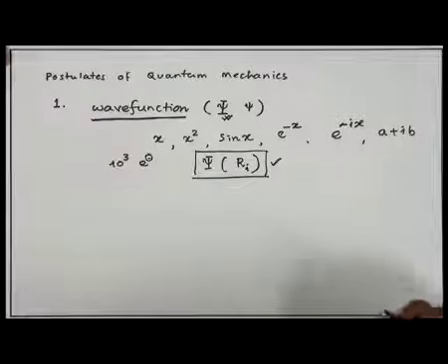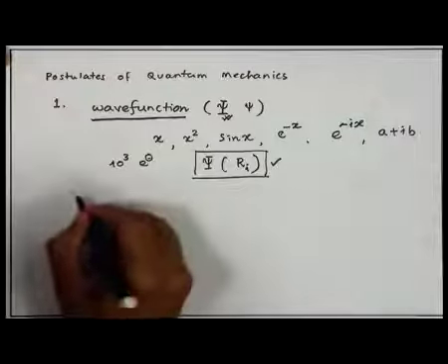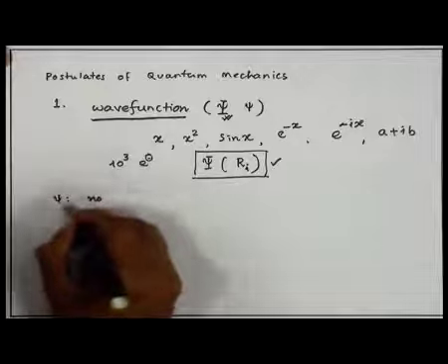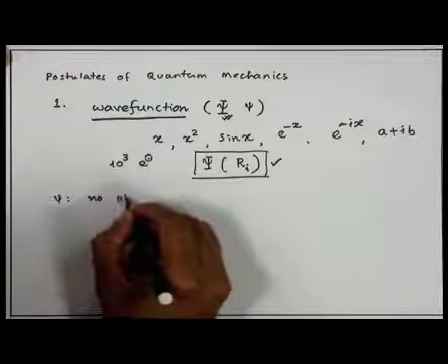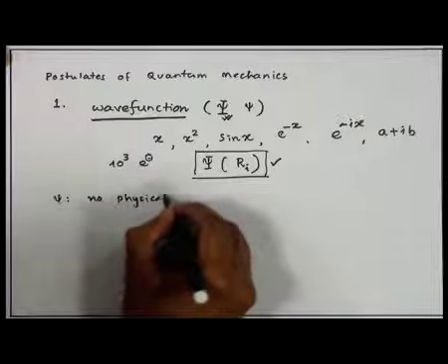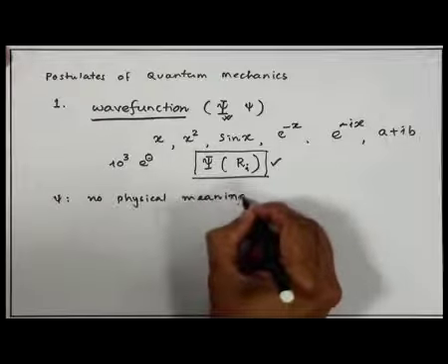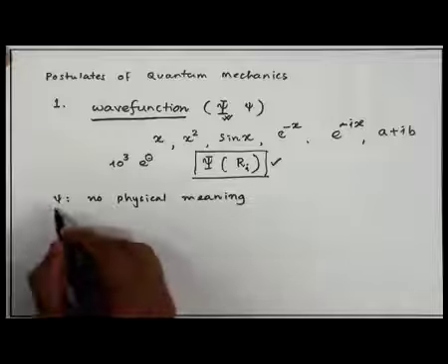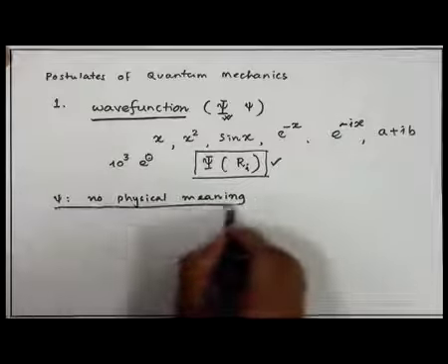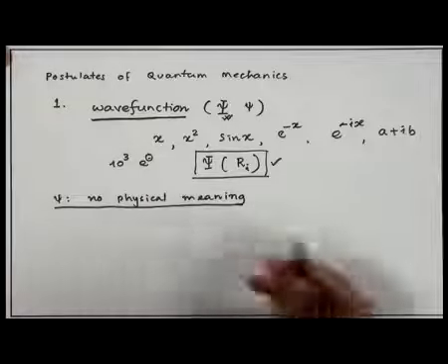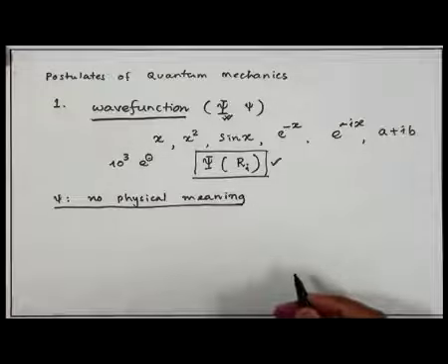The wave function does not have any physical meaning, because it does not have to carry a physical meaning. It is a complex mathematical construct, a mathematical function that contains all the information.